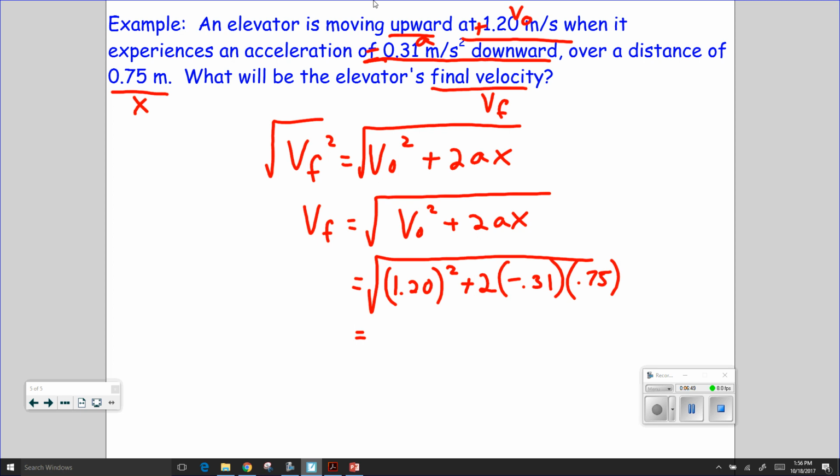I'm going to do what's under the radical first, and when I do what's under the radical, I'm going to square the 1.2 to get 1.44, plus a negative 0.31 times 2 times 0.75, which is negative 0.465.